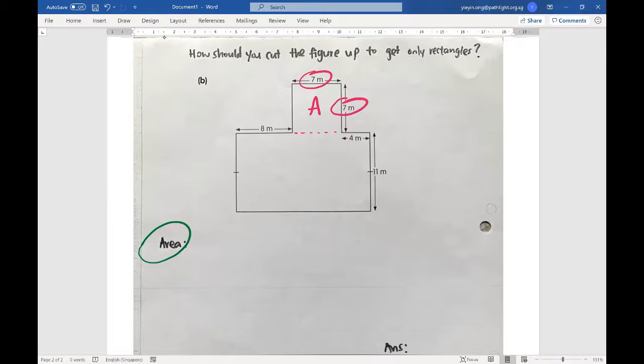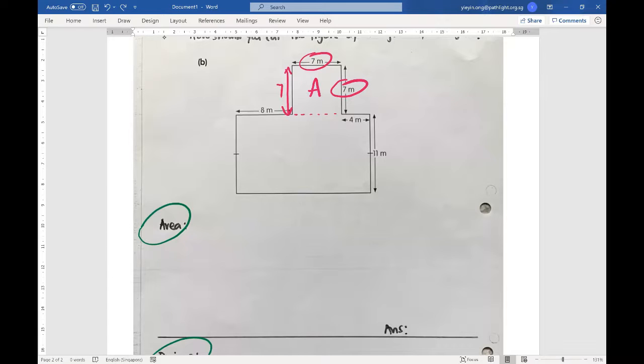So all sides of this square A are 7 meters, because it is a square that has 4 equal sides. So area would be finding the area of square A. Okay, what times what?